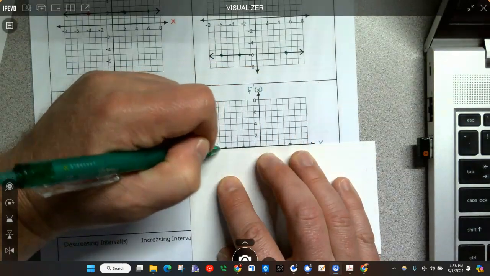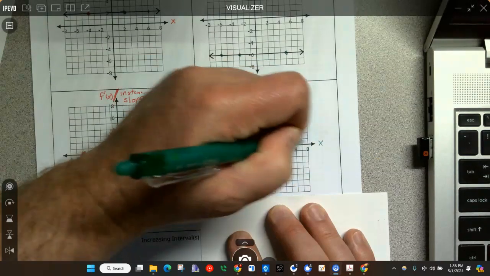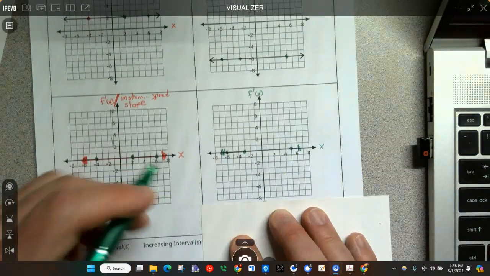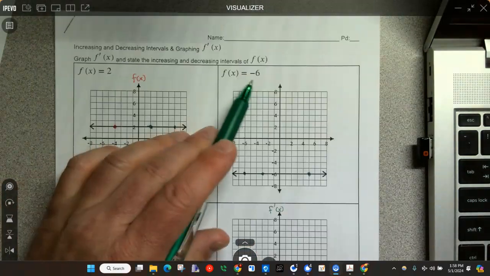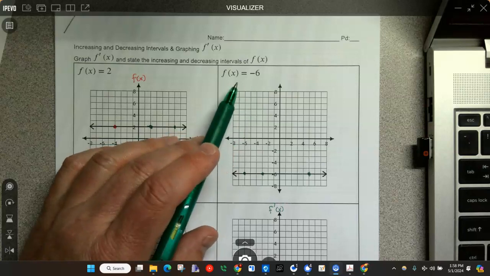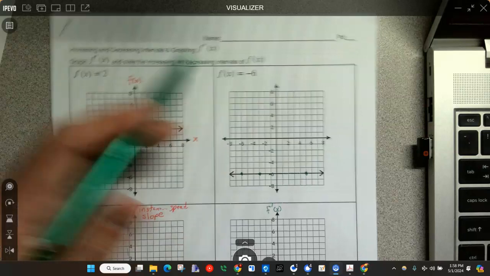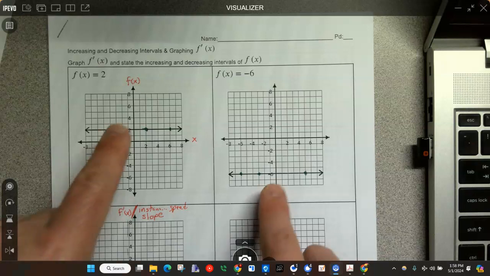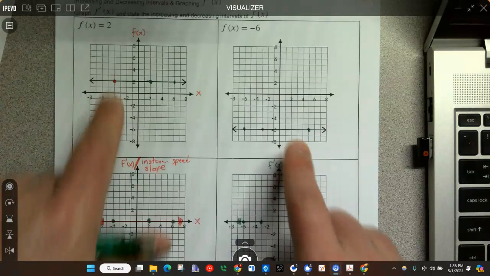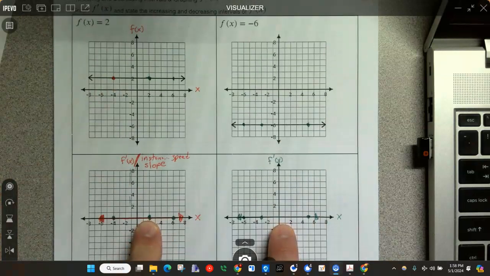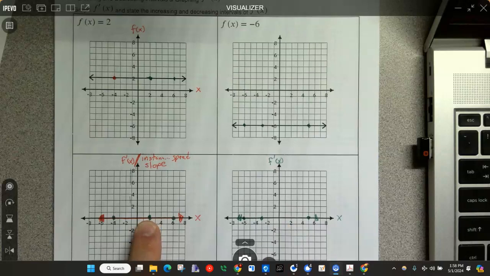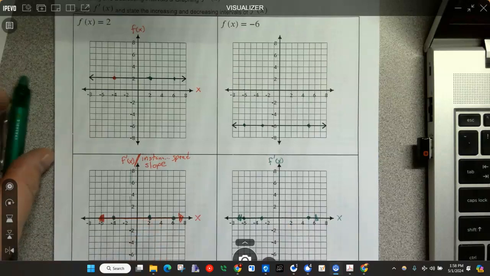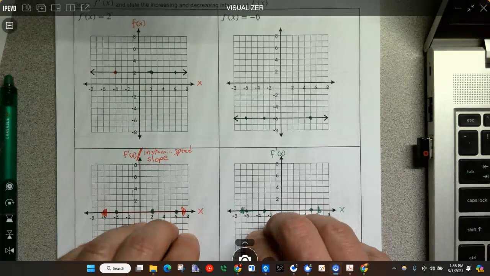Now, can you extrapolate? What do you think the graph would look like if this was f of x equals 10, or 1,000, or -2 pi? Right? So really fast you can think, well, all those have a slope of 0, so they all will have the exact same derivative graph. So here's one of the big concepts you want to think about, is that derivative graphs are not unique.